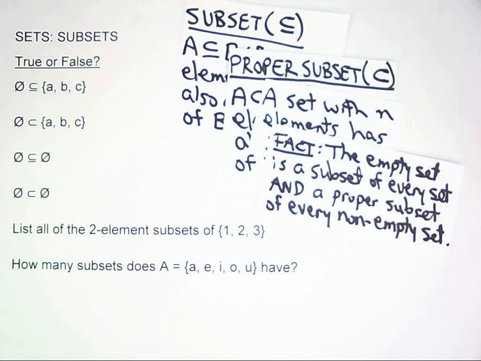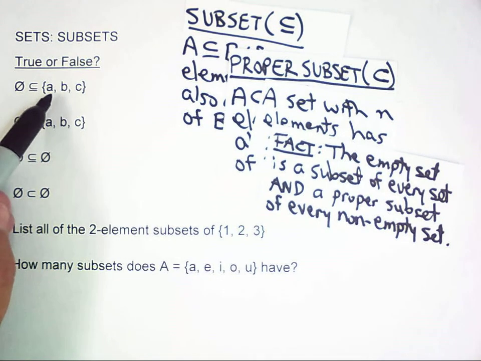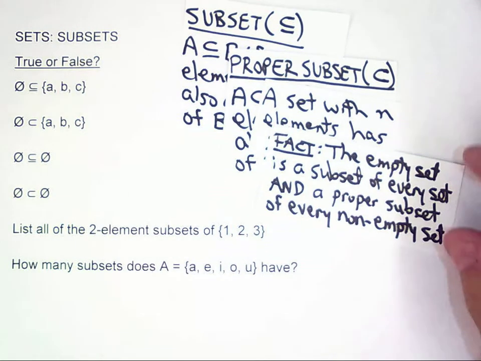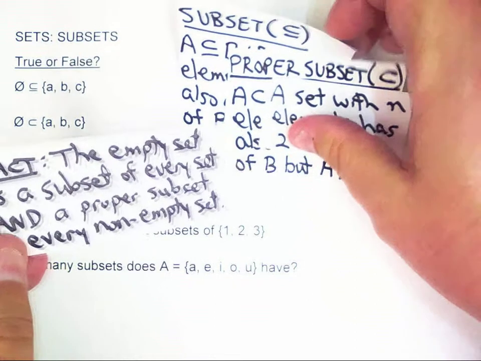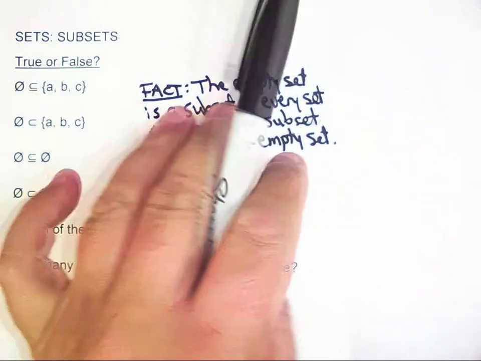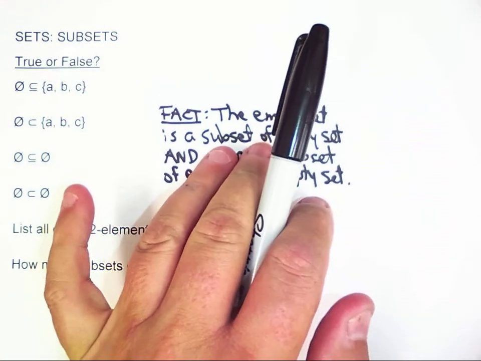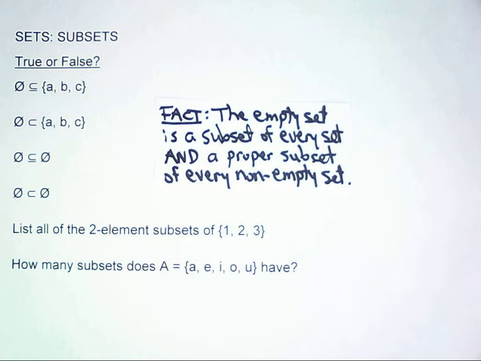So for example, the first problem here says true or false, the empty set is a subset of the set containing the elements A, B, and C. Well, if I have these kind of things in my head that I've been using all along, I will gravitate straight to this little fact, and that is the empty set is a subset of every set and a proper subset of every non-empty set.